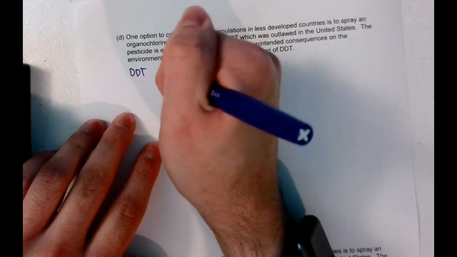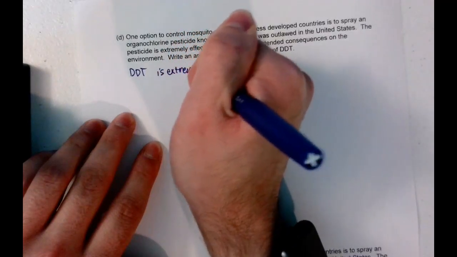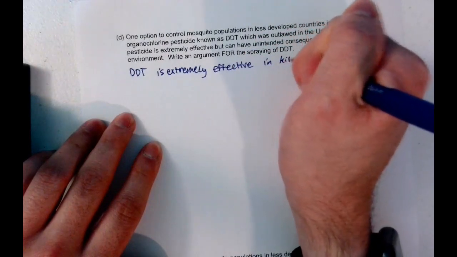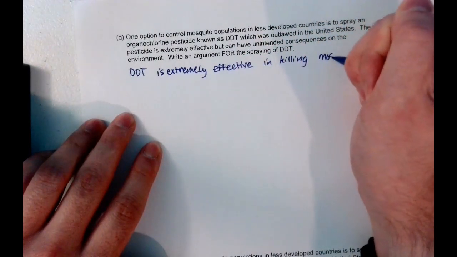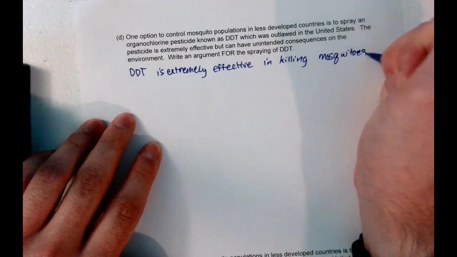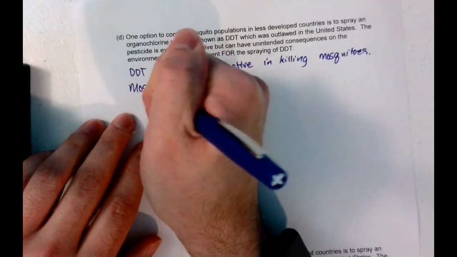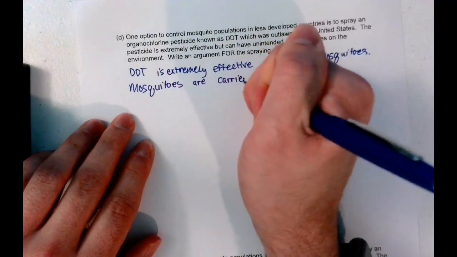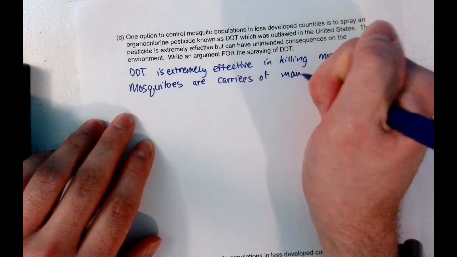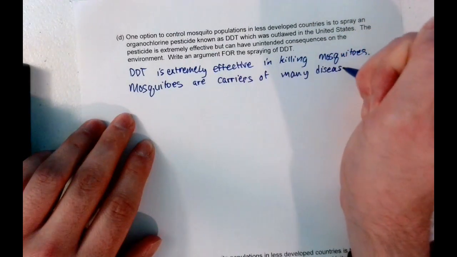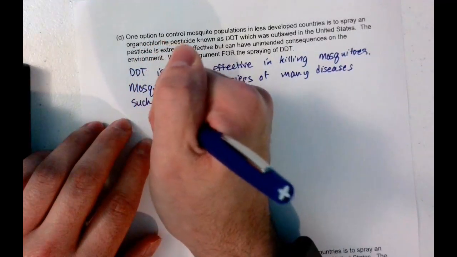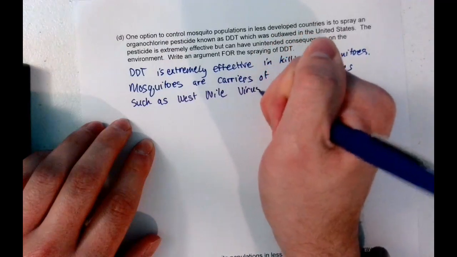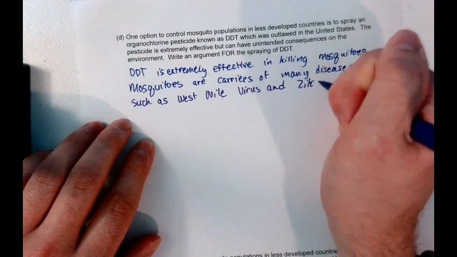DDT is extremely effective in killing mosquitoes. Mosquitoes are carriers of many diseases, such as West Nile virus and Zika. Remember Zika?